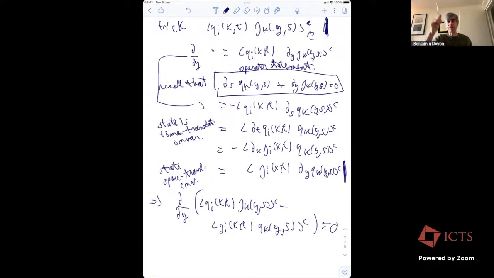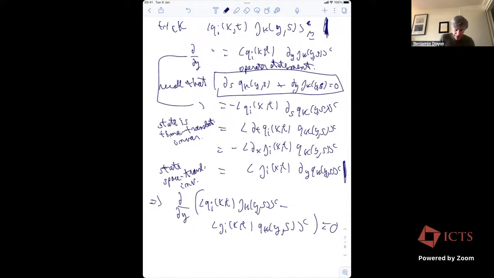So the y derivative of the difference of these things is 0. That's a nice statement. You see, I have inverted now the j's and the q's, right? Because this is kind of interesting. The indices stay in the same place. I just inverted the j's and the q's. And I used two of the main properties of stationary states, space-time translation invariance, right?